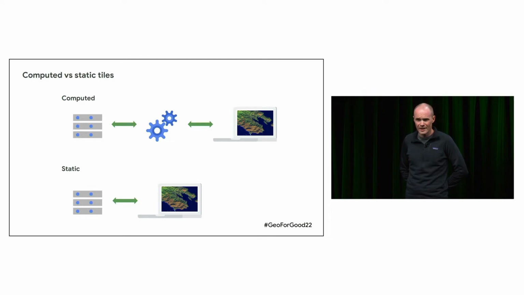Every time you make a request, new data has to be generated, new map tiles need to be generated. And so it's a little bit slower, and there's computation involved. But you could also have them static. You could export these map tiles and then you take out this computation step, and your data are coming directly from the server when you request them, so it's much faster.